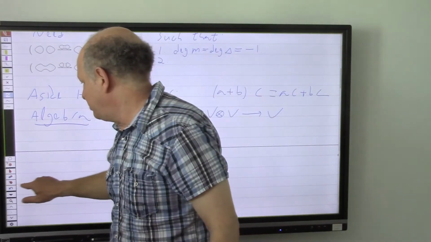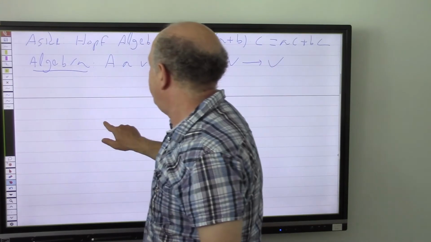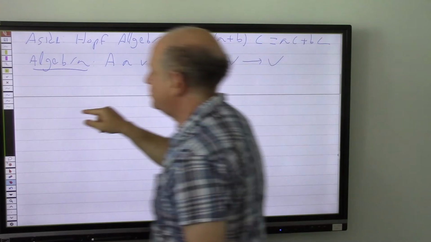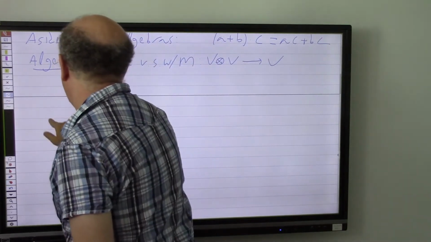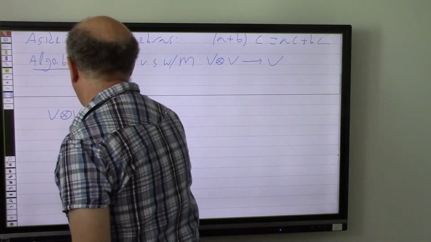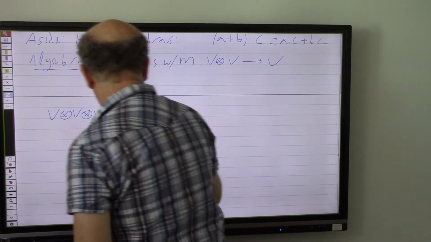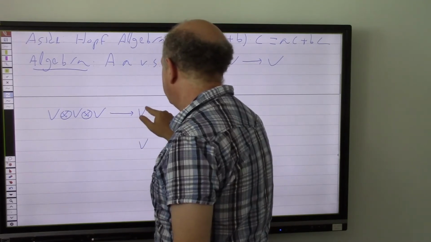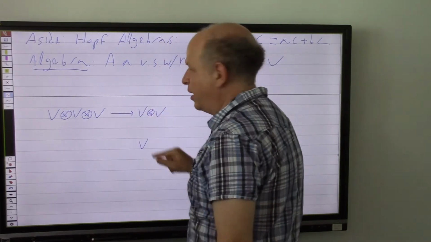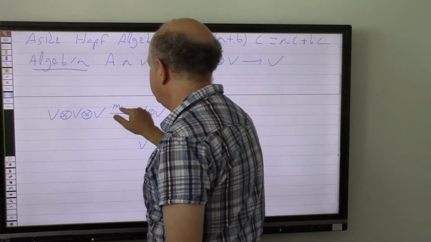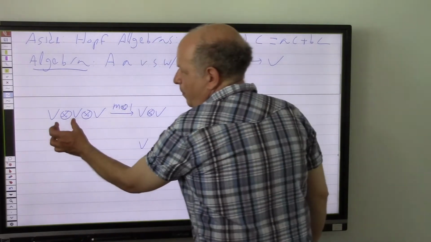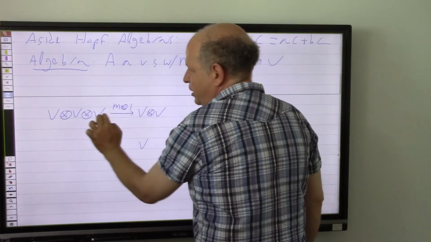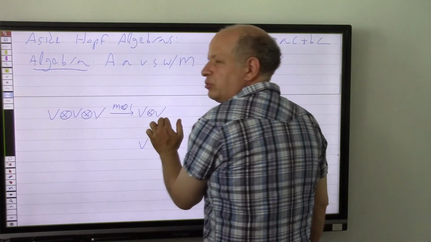So what does it mean to be associative? If you have such a map M, then there are two ways to go from V tensor V tensor V into V. Namely, you could go first to V tensor V by applying M tensor the identity. So you apply M to the first two factors, the output comes into this V, and the last factor you copy to the last factor here.